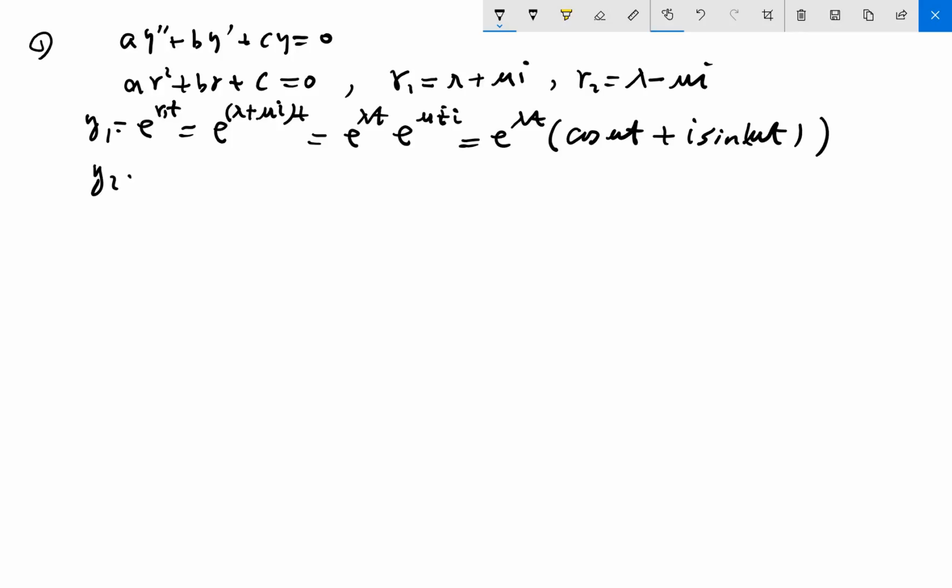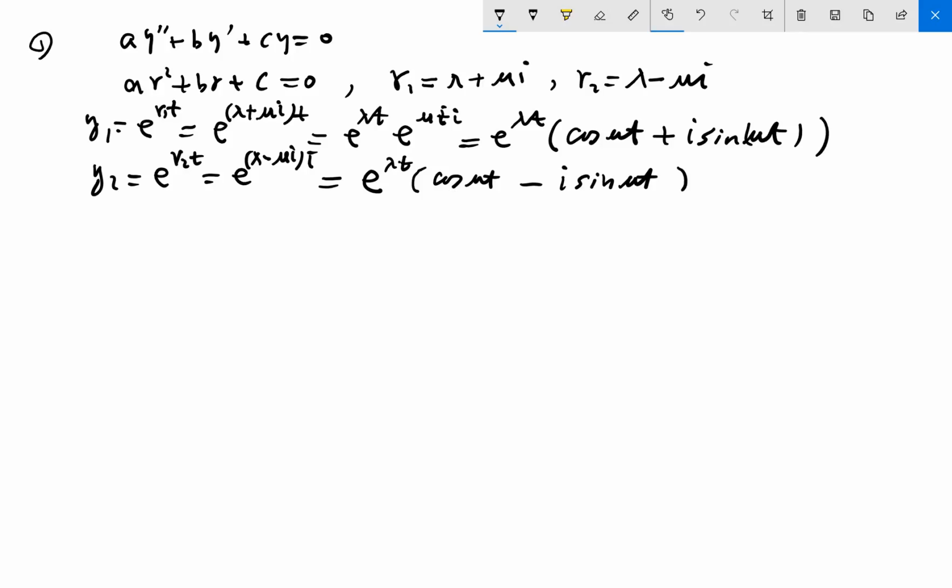Similarly, we can find y2 is e to the r2 t, which is e to the lambda minus mu i t. Using Euler's formula, that gives you e to the lambda t times cosine negative mu t, which is just cosine mu t, plus i sine negative mu t, which is negative sine mu t.